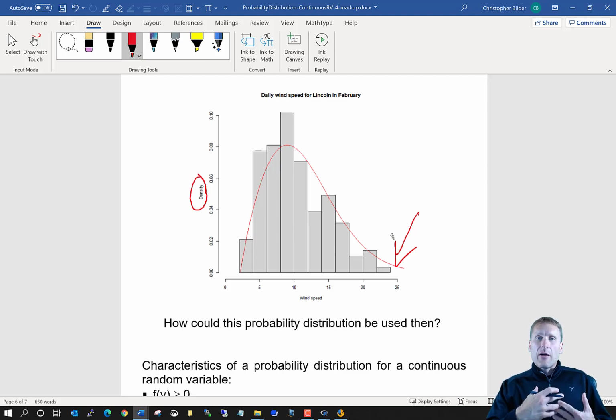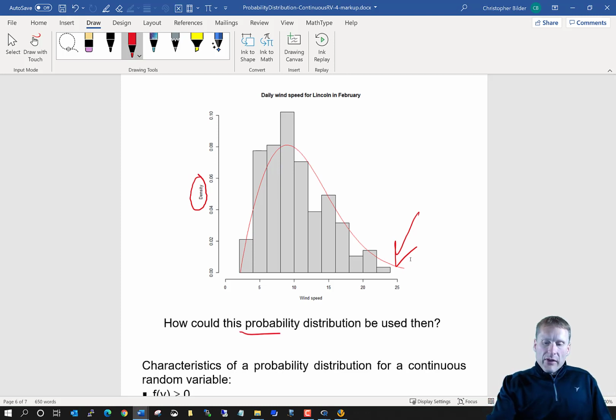And so what this is telling me is, since this sample can be characterized by this probability distribution in a decent manner, why not we just use this probability distribution then for all wind speeds that are in our population itself? And that's what's actually done in the real world.